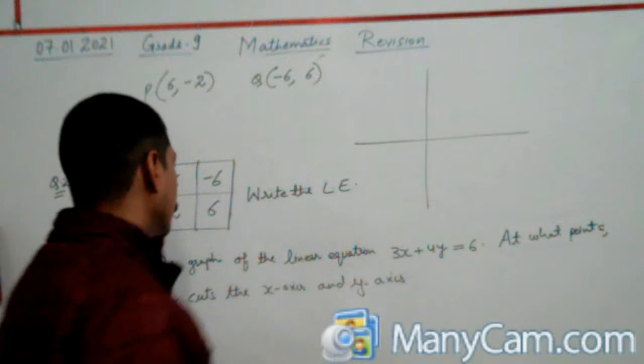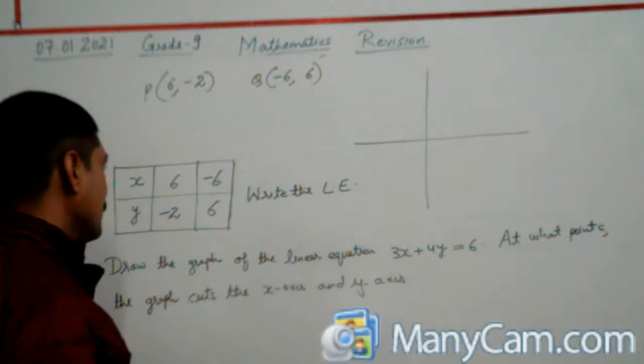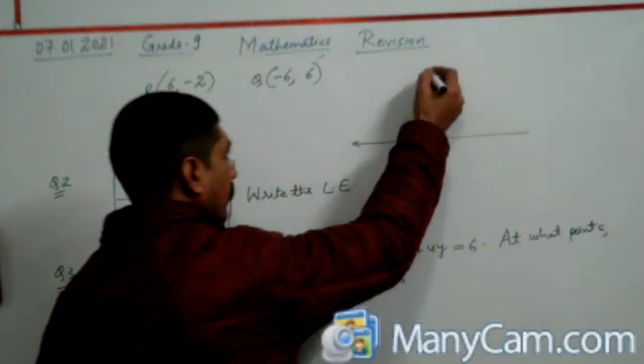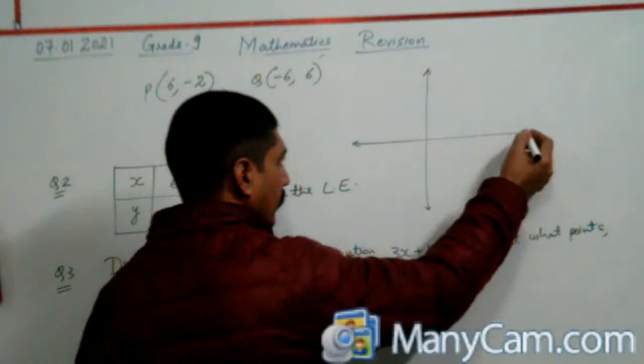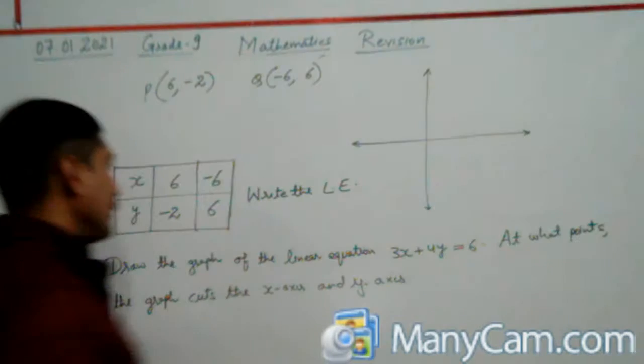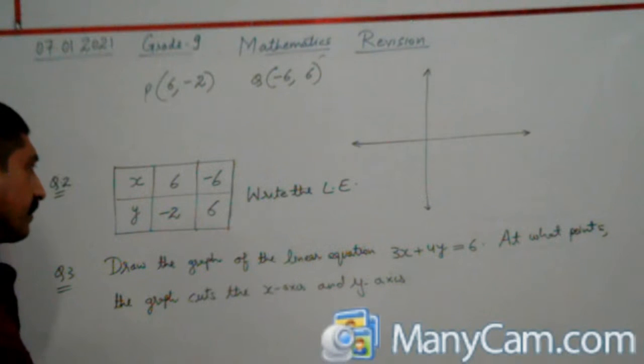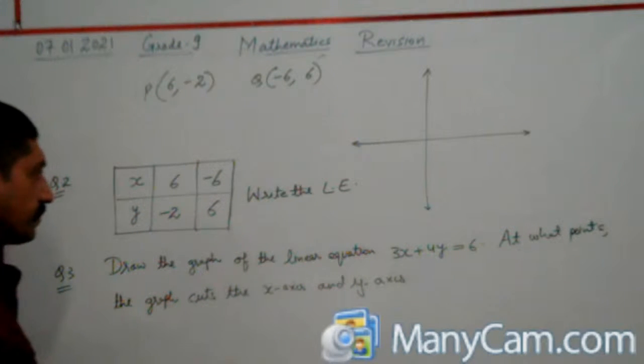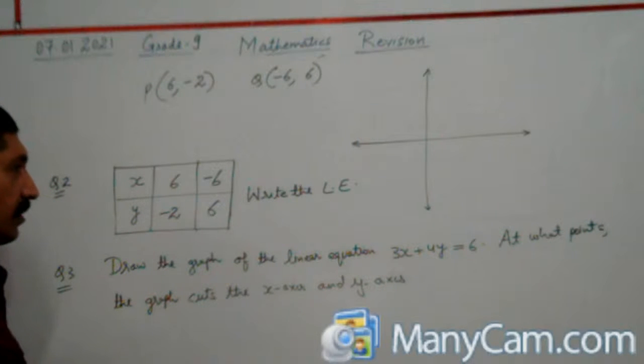One point is 6, minus 2. What is the relation between them, if x is 6 and y is minus 2? What is the common relation that satisfies both?